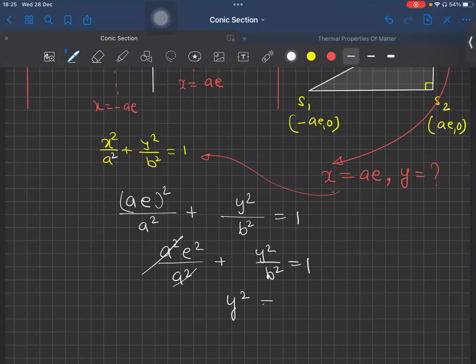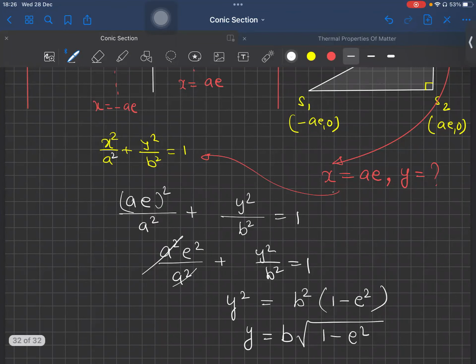So y square will be b square into 1 minus e square. So y will be equal to b times the square root of 1 minus e square. So that will be the coordinate of y. Isn't it? Yes or no? Tell me if it is correct or wrong.